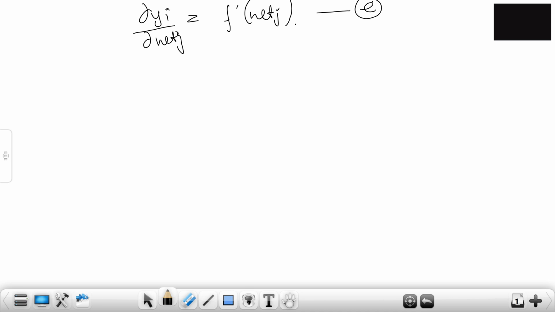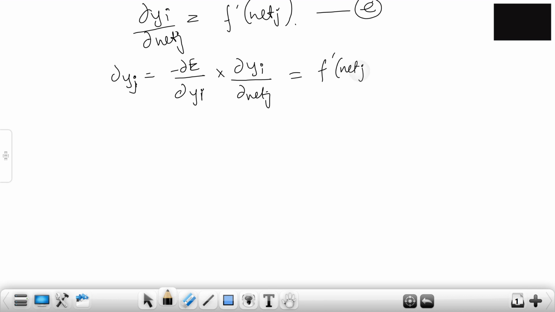Delta j equals minus dou e upon dou yj into dou yj upon dou net j. Again, this is a chain rule. So when we do this, we get f dash of net j, summation of k going from 1 to capital K, delta OK Wkj. That is what we got from the previous one, right? So let's call this equation number 7.